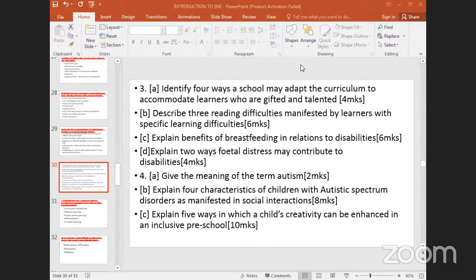So we change the way we evaluate them. I think we can also adapt the teaching strategies to cater for these learners who are gifted and talented.